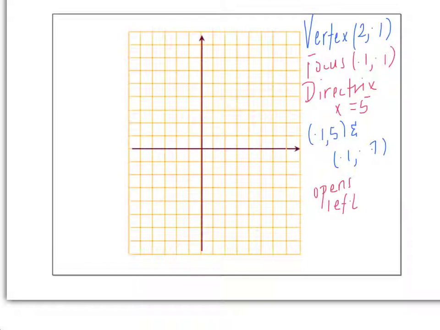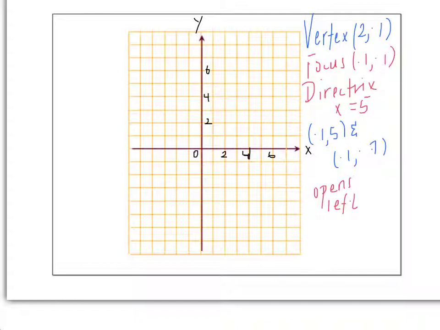But first we're going to label our axes. There's our x-axis, our y-axis. We're going to label our scales. 0 for the origin, 2, 4, 6 in the positive x direction, 2, 4, 6 in the positive y direction.